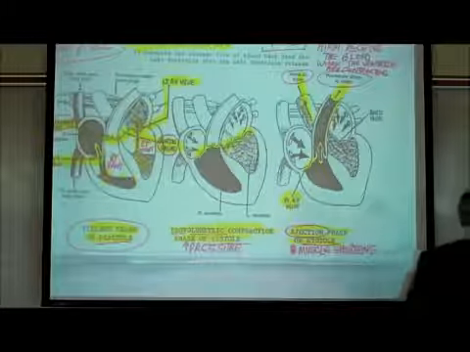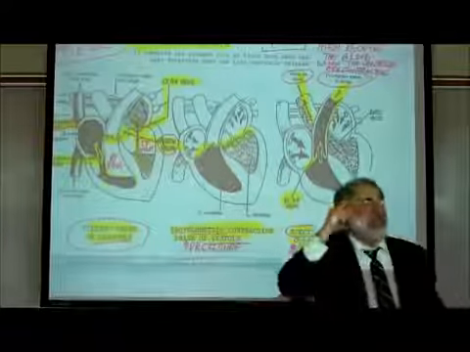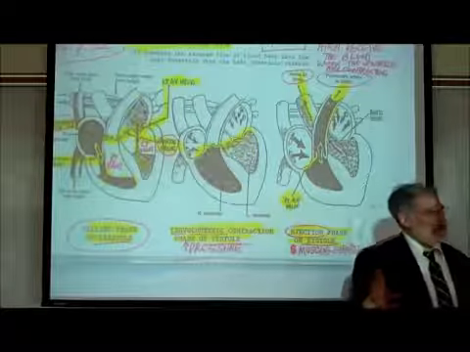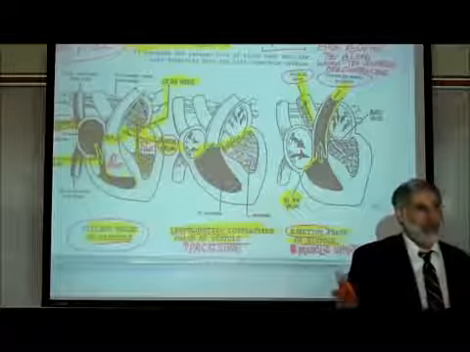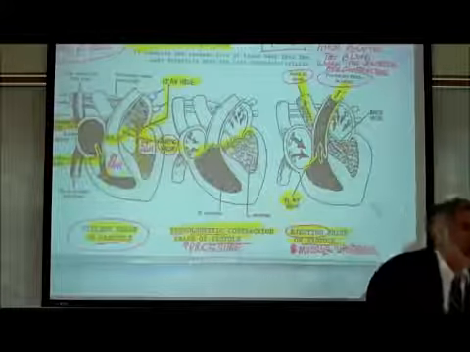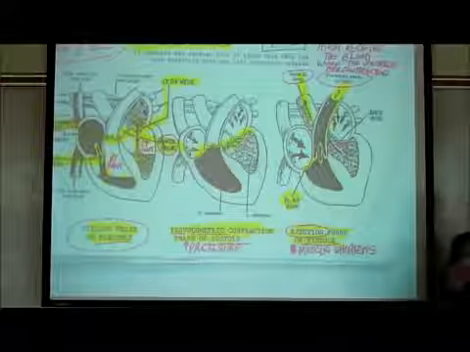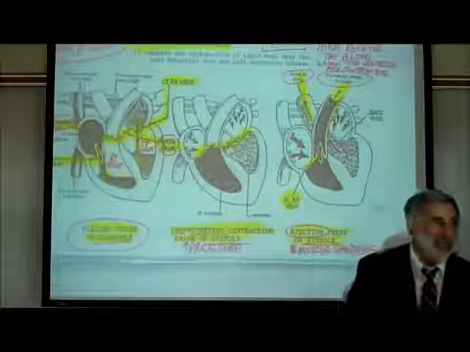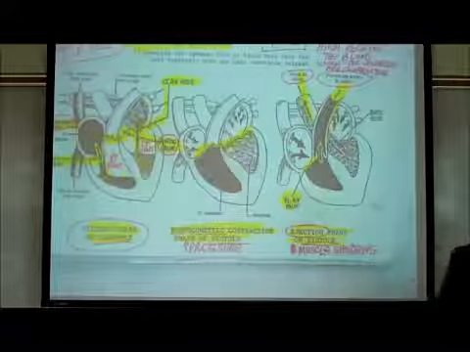Not because I'm testing you on that, I'm testing you on the physiology, but you're still stumbling over, let's see, where does the right ventricle eject blood? That's my question to you. The right ventricle ejects blood into the pulmonary artery. You don't remember where it goes. That's anatomy, and I'm not here to teach you anatomy. You need to know it already.